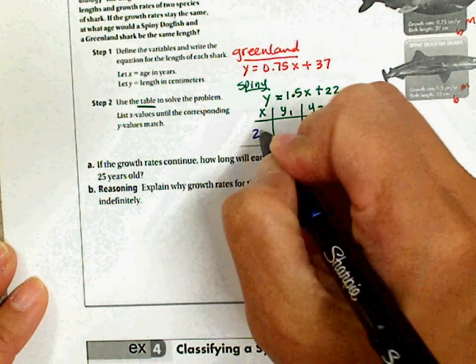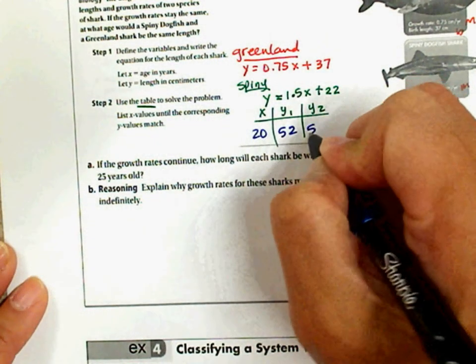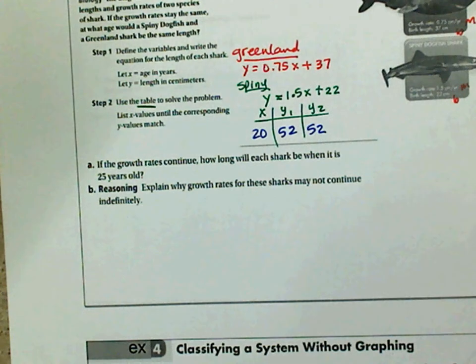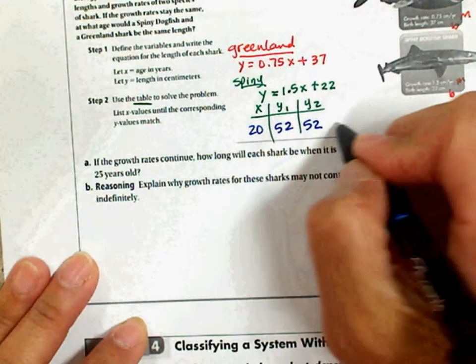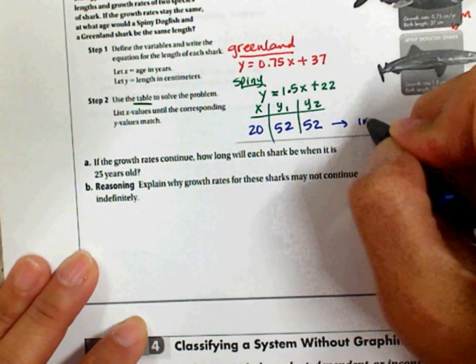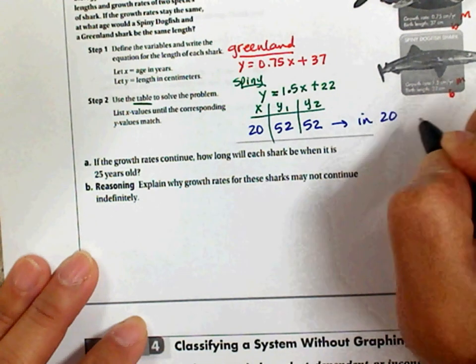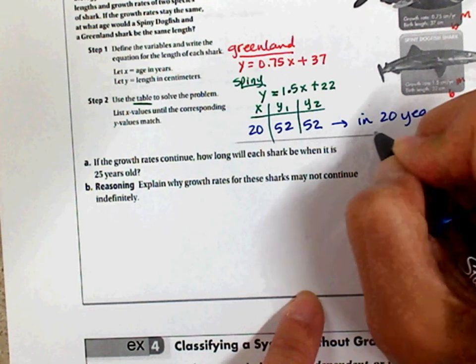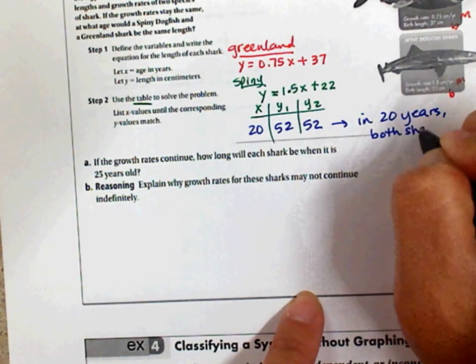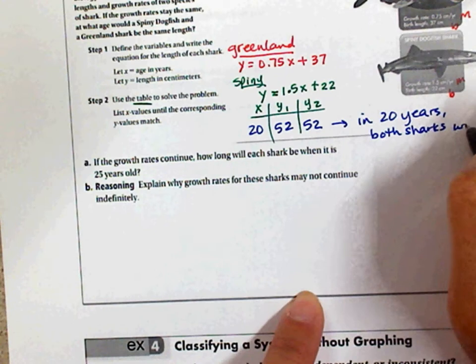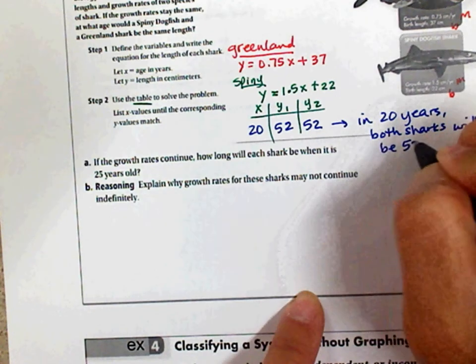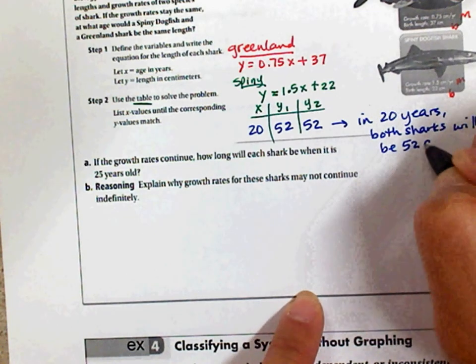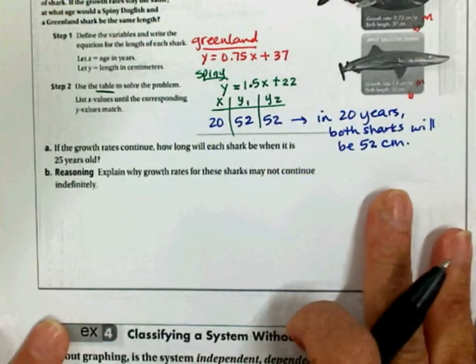Let's see what it means. This means that in 20 years, because it was per year, both sharks will be exactly the same length, 52 centimeters. So that's what that means. In 20 years, both sharks will be 52 centimeters.